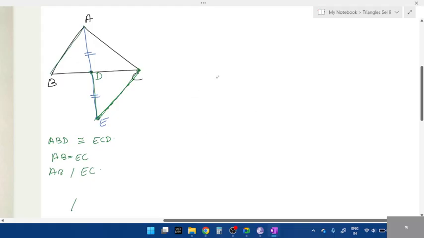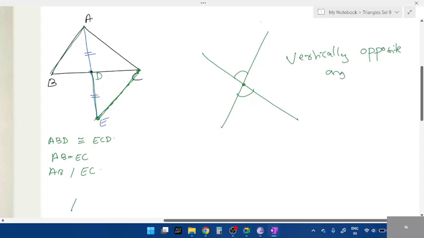Fine. I'll teach you a concept here, students. Whenever you come across a figure that looks like the alphabet X, these two are known as vertically opposite angles.